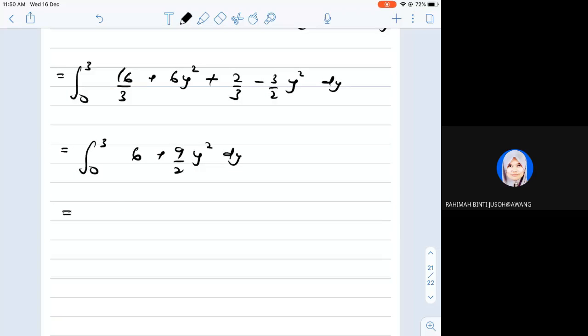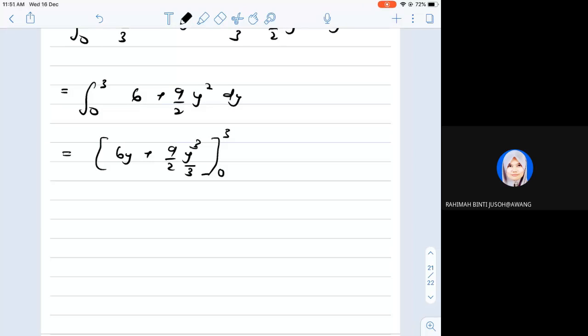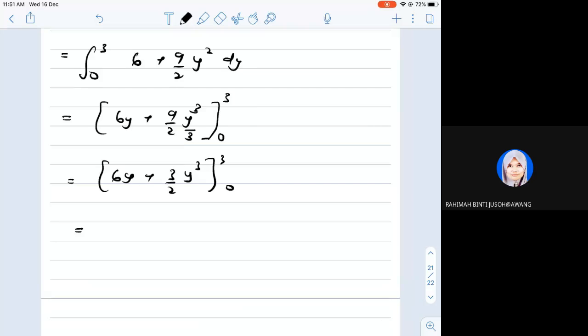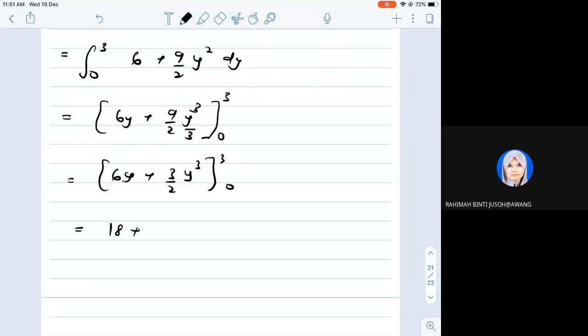Okay, so integrate, we will have 6y plus 9 over 2 y cubed over 3, substitute 0 and 3. So we will have 6y, 9 bagi 3, 3 over 2 lah, y kuasa 3, substitute 3, 0. So dia jadi 6 kali 3, 18, plus 3 cube, 9 kali 3, 27 kali 3, 81 over 2, isn't it?